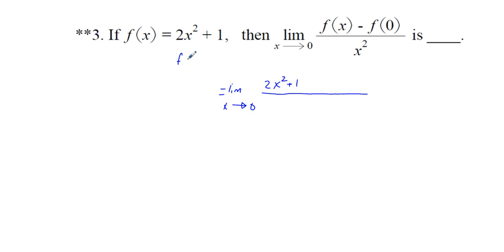Well, f of 0 is going to be just simply 1. So we have minus 1 over x squared.